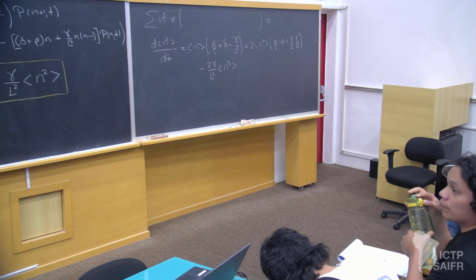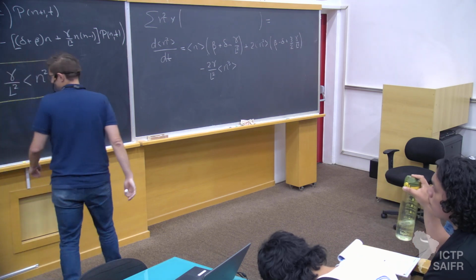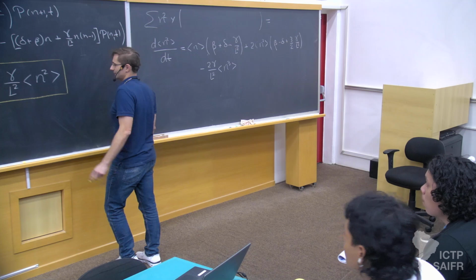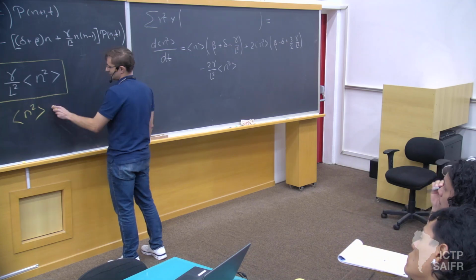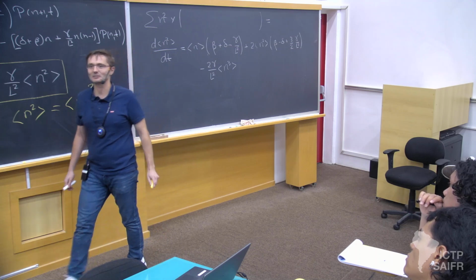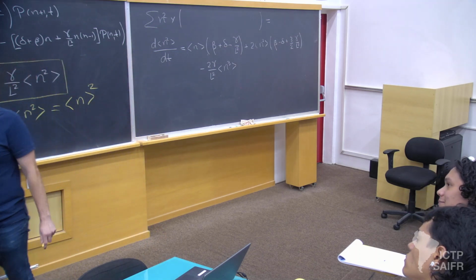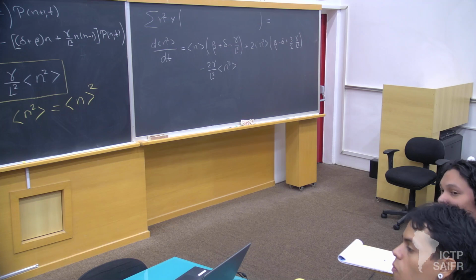Well, the first thing that you can do is you can come here and you say, well, I have this. I do this. It's just moving a 2 up. Why? Great question. Why?